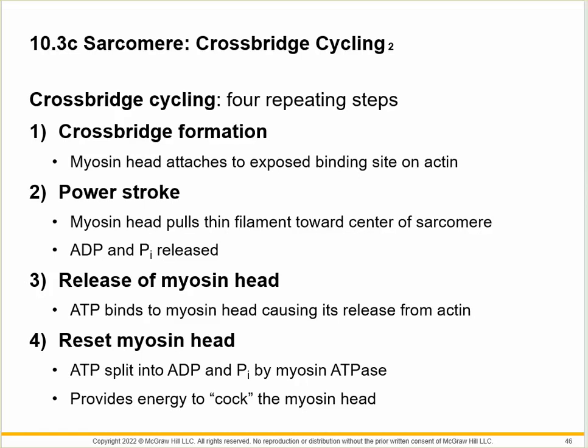Now, myosin, when it is in a high energy configuration, the head is extended. When the potential energy stored in the myosin head is turned into kinetic energy, and this happens when ADP and P are released, then the myosin head moves into a flexed position.